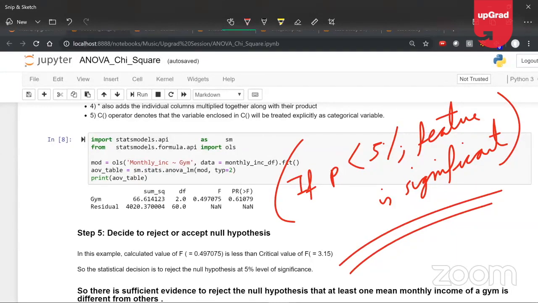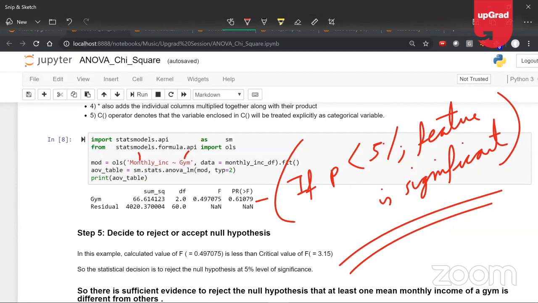You will run a straight-away ANOVA test. Monthly income is what you're trying to predict. Gym is the feature, or independent variable, that you have right now. That is how you frame it. Calculate your p-value. Remember, 5% is 0.05, and 0.61 is much greater than that. That means the feature is not significant here.